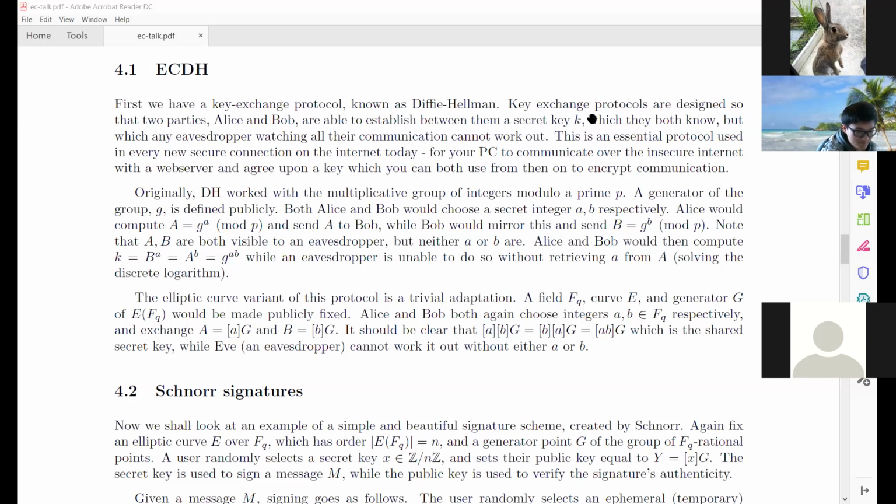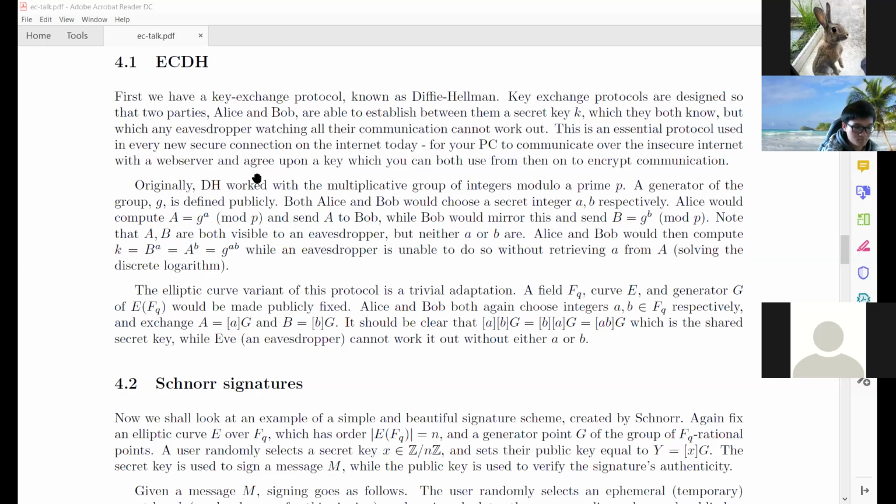That's where a protocol like this would come in. They can send messages back and forth and agree on a key which they both know, but which no one else on the internet watching their unencrypted communication can work out. Diffie-Hellman is one of the two biggest ways to do this, probably.